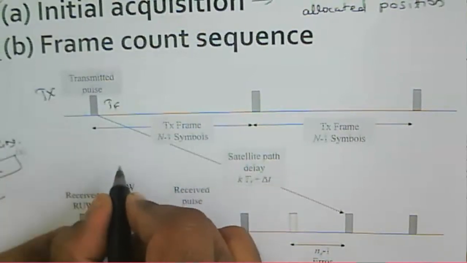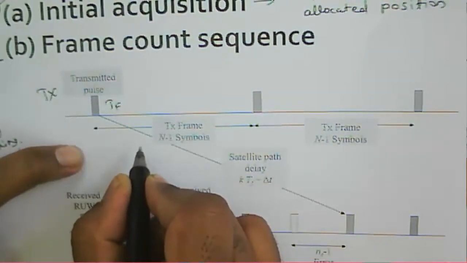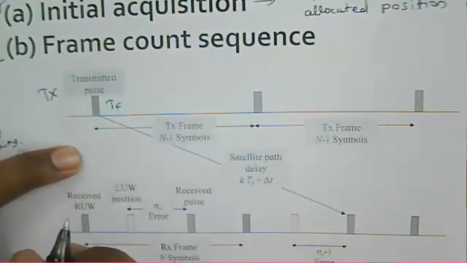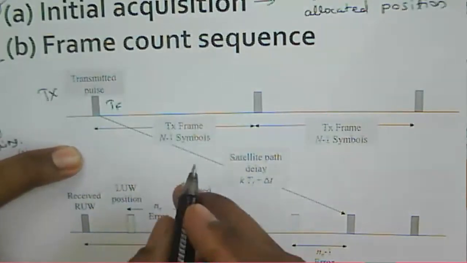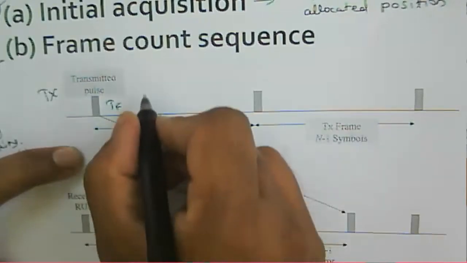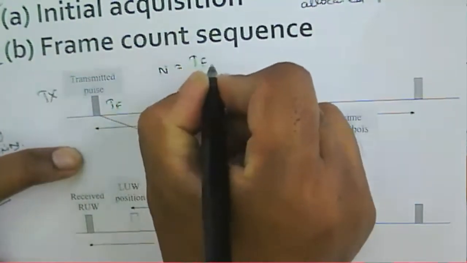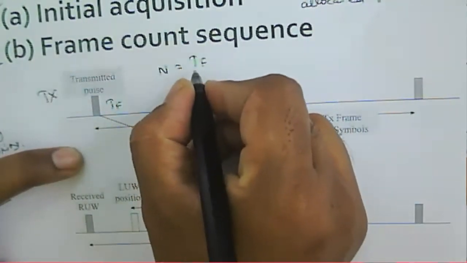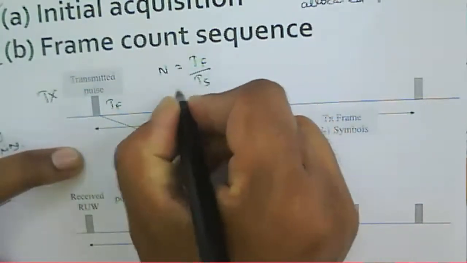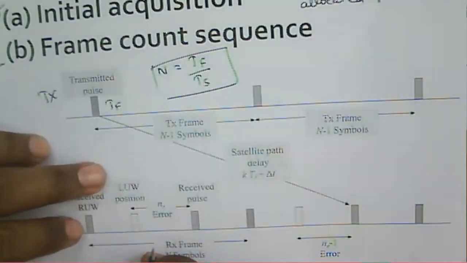The transmitted frame has a period obtained from a modulo n symbol counter. So n is equal to the frame period divided by the symbol period, that is Tf by Ts.